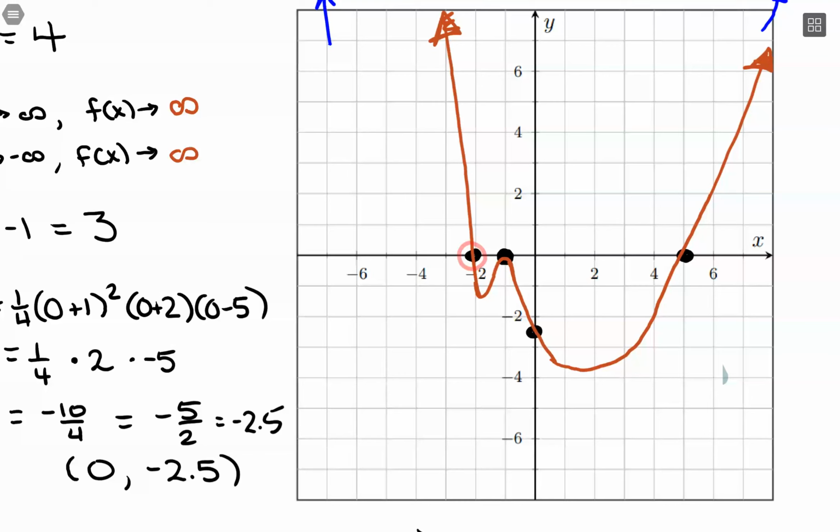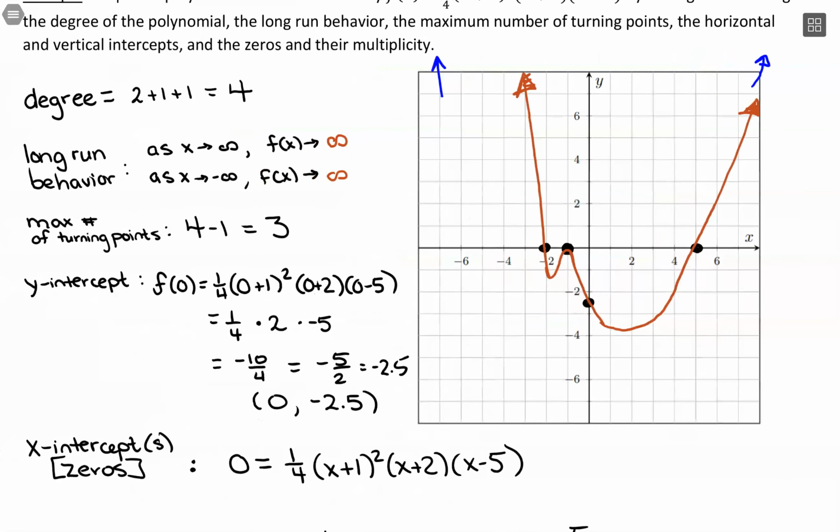We are crossing the 0, bouncing, crossing, and then the y-intercept is just this extra point that we know we need to go through. But what I would want to make sure is that I'm matching the long run behavior, and also that when I made the graph I didn't suddenly create more zeros, but it should all line up. In terms of turning points, we have 1, 2, 3 turning points, so that lined up great. So that puts all those pieces together.